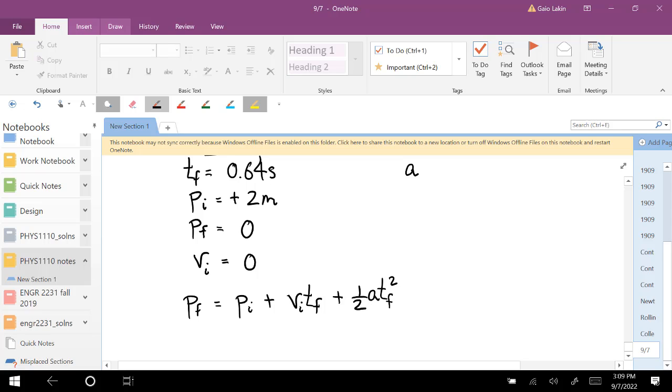So start filling these in. 0 is equal to 2 meters plus V initial is 0, so the second term is 0, plus 1/2 times A times 0.64 seconds squared.